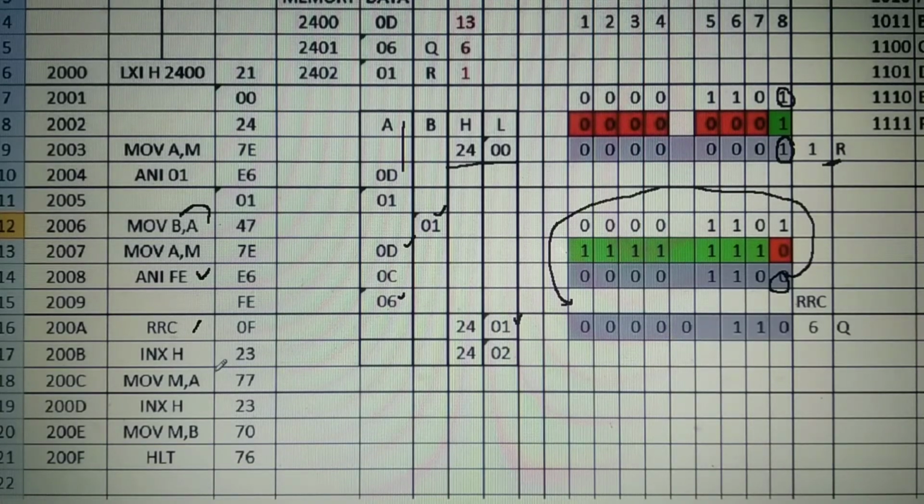And whatever number is in the accumulator, which represents the quotient, is transferred to that memory location. INX H, it becomes 2402. MOV M, B. Whatever the value in register B, that represents the remainder, goes to that particular memory location.